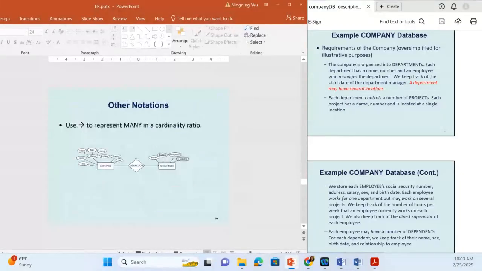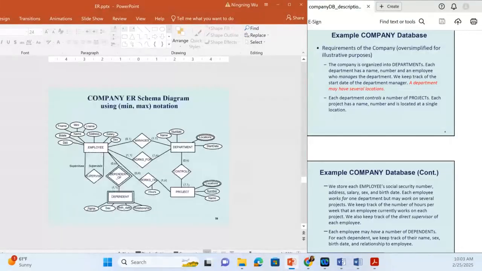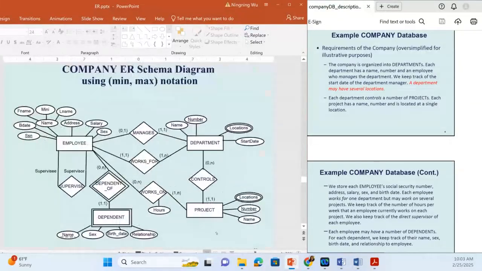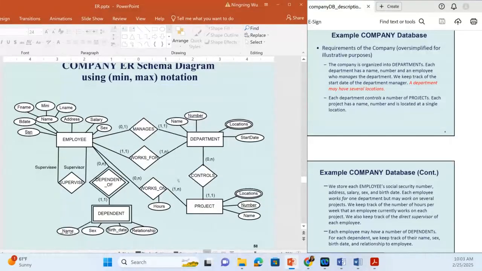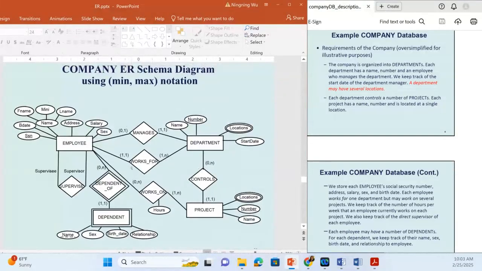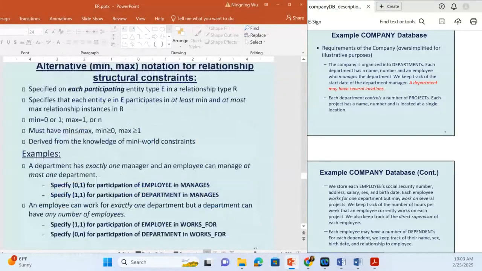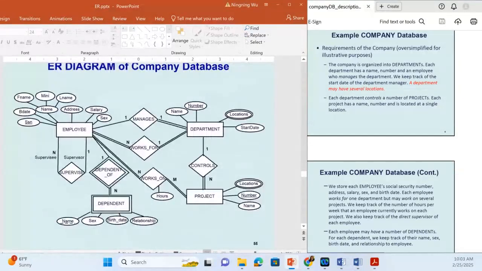Okay, so this is the last one. Let me make it bigger. So this is actually an ER design using minimum maximum notation, instead of using cardinality ratios and participation constraints. This is using the cardinality ratios and participation constraints, like double line, single line, participation constraints.